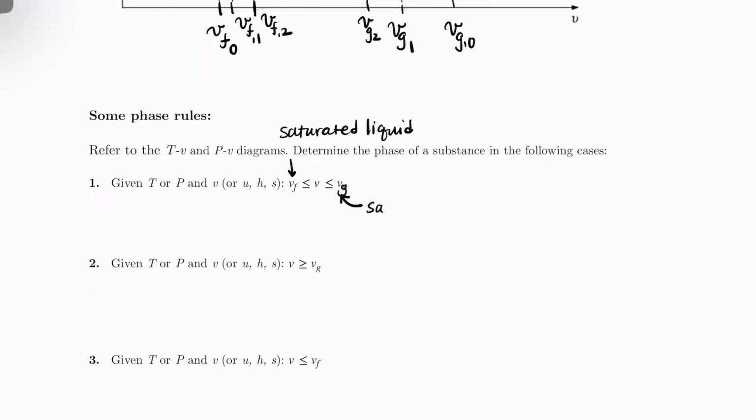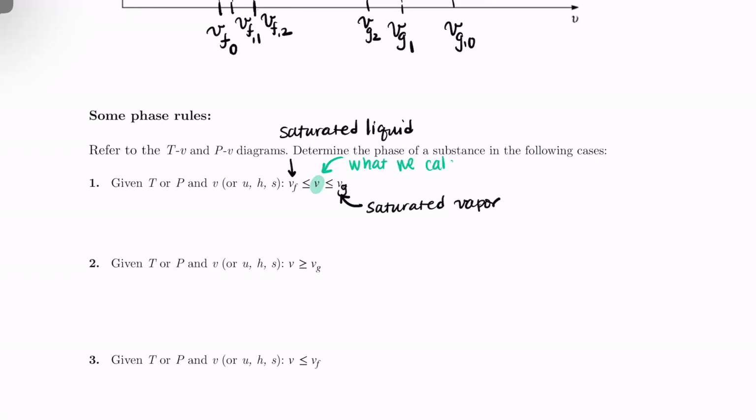So this is saturated vapor. We have found that the calculated specific volume lies between VF and VG.